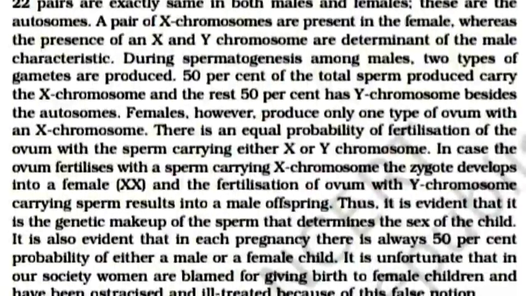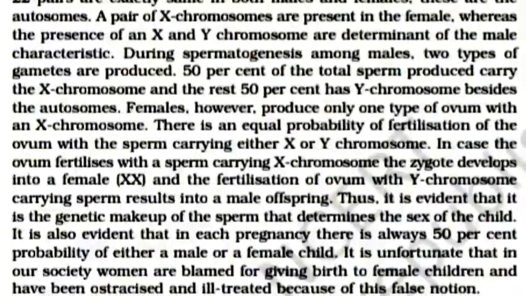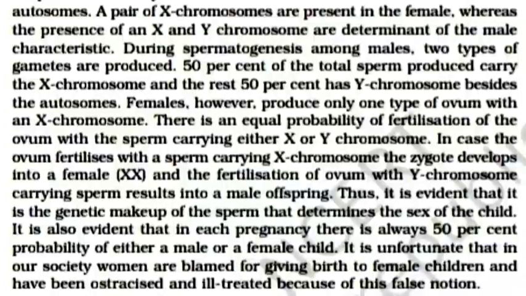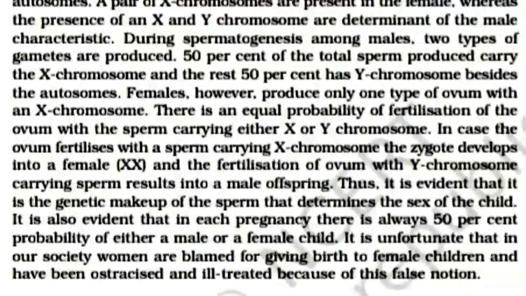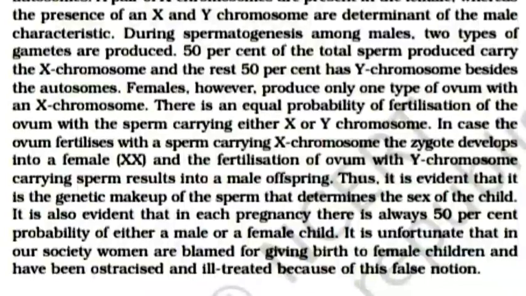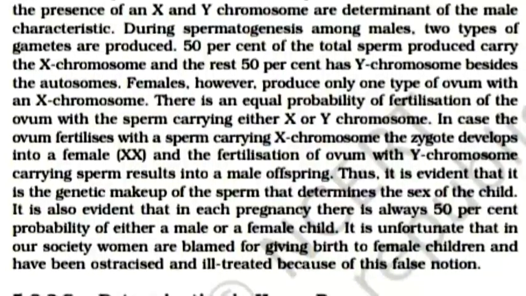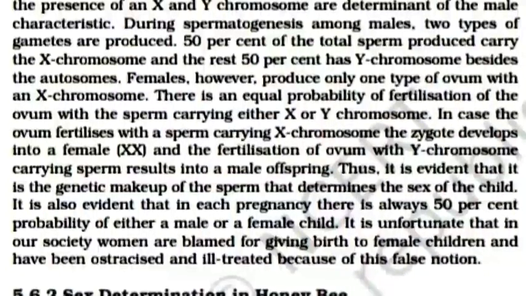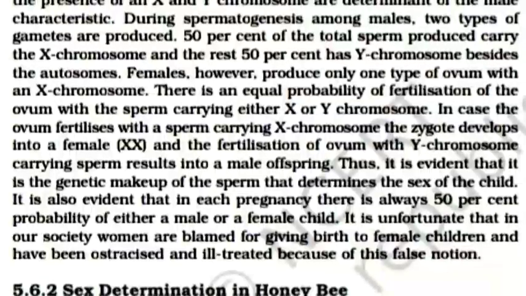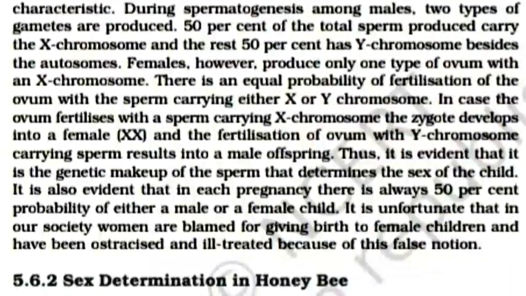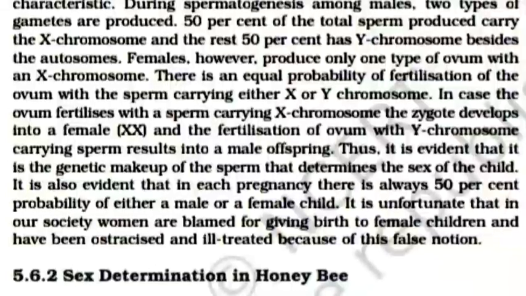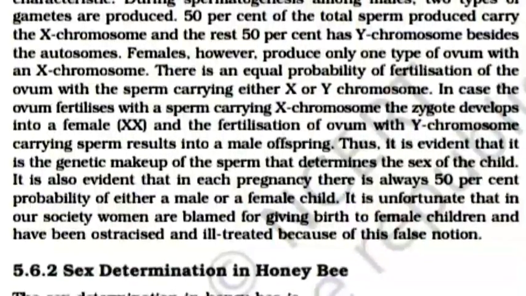In case the ovum is fertilized with a sperm carrying an X chromosome, the zygote develops into a female, XX, and the fertilization of the ovum with a Y chromosome carrying sperm results in a male offspring. Thus, it is evident that it is the genetic makeup of the sperm that determines the sex of the child.